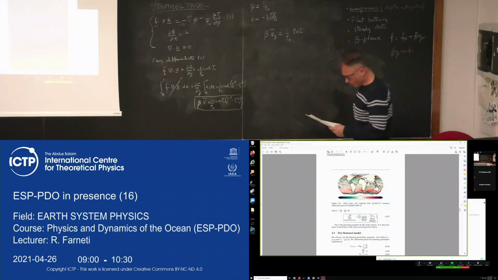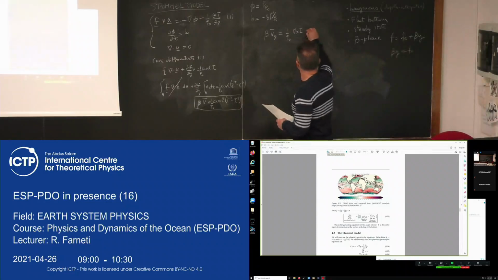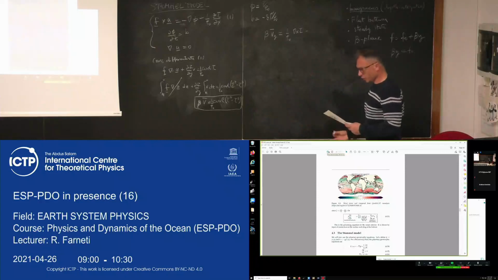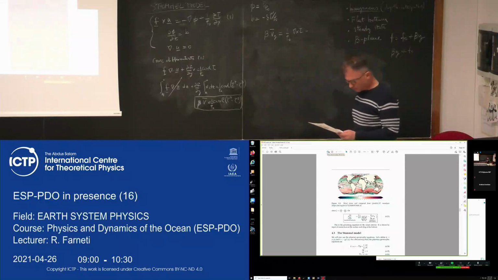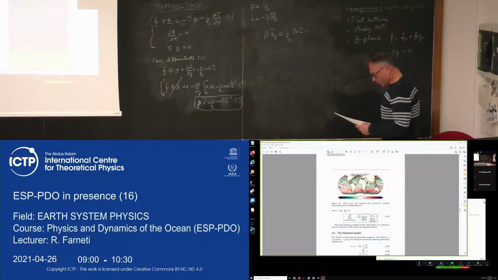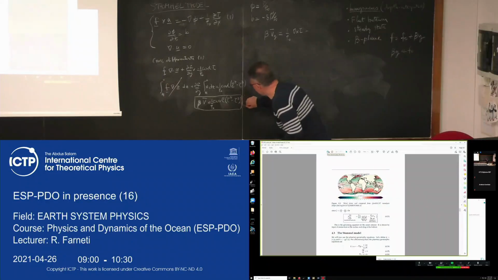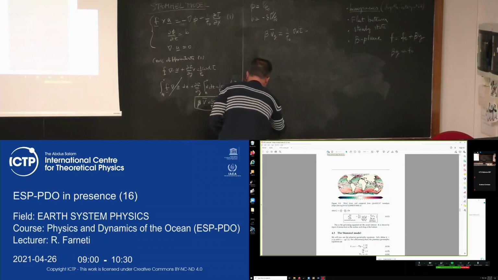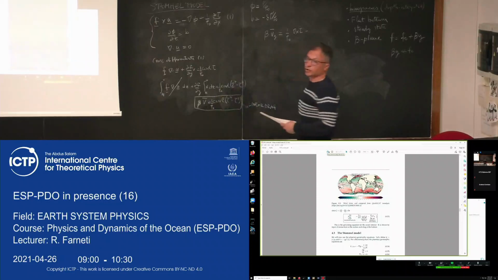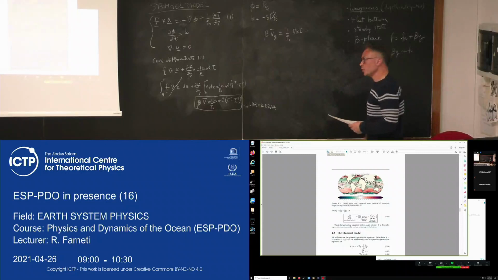Okay. And then what he did for the bottom term, which was that Laplacian of pressure, that is the effect of the bottom Ekman layer, he parameterized with a linear drag. Okay. So he parameterized the effect of the bottom Ekman layer with a linear drag, in order to dissipate the input of momentum.